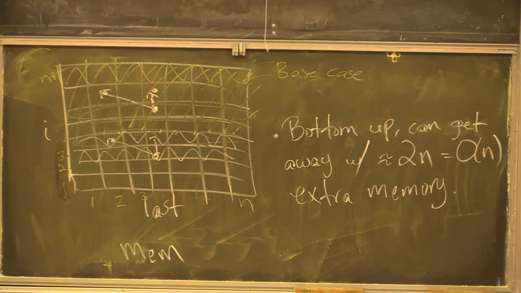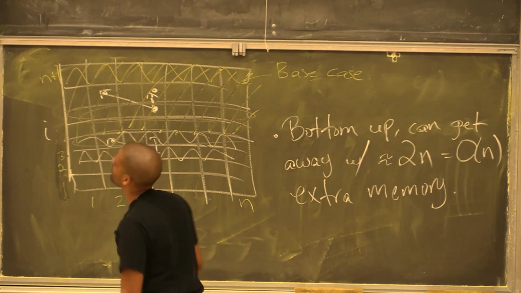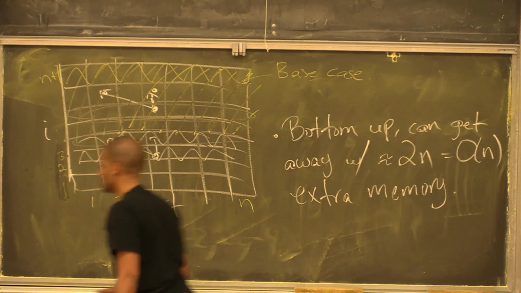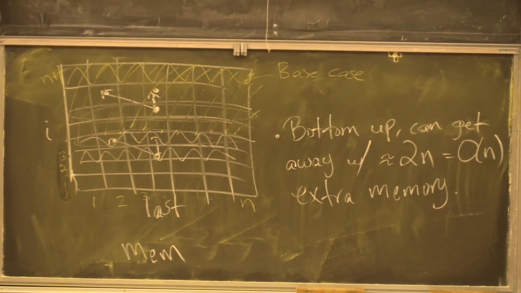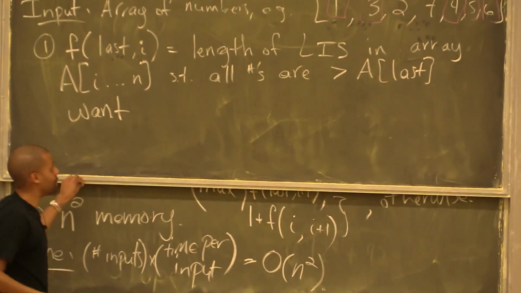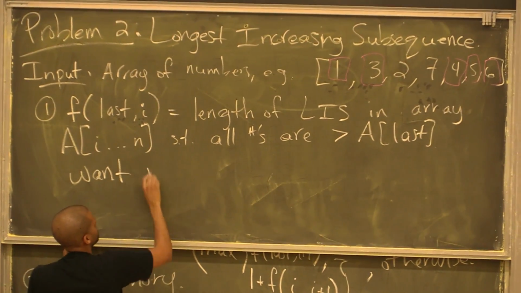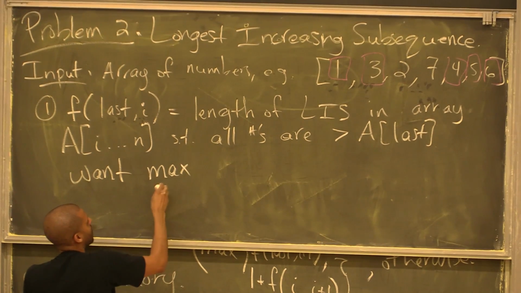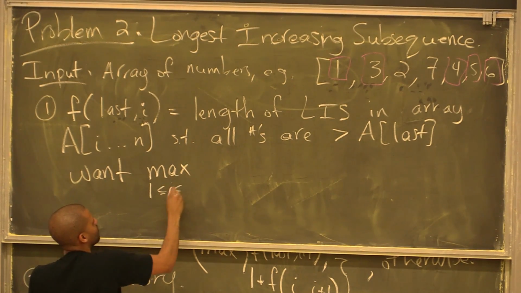Questions about that? Yeah. It would still be n squared, because at the end of the day, what do you want? Oh, I should have said that up there. When you write down that function f, you should also always ask yourself, what do I want to call f on? I want, for example, the max over all I between 1 and n.